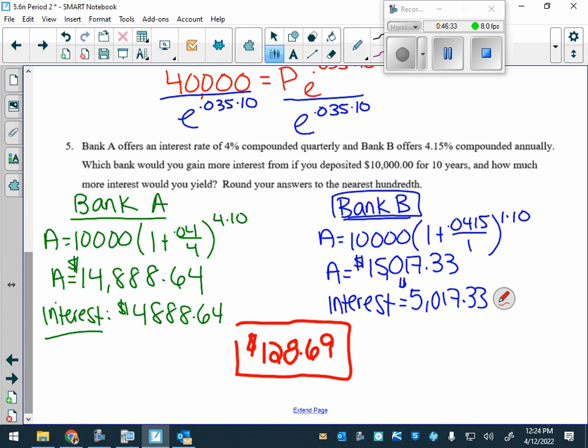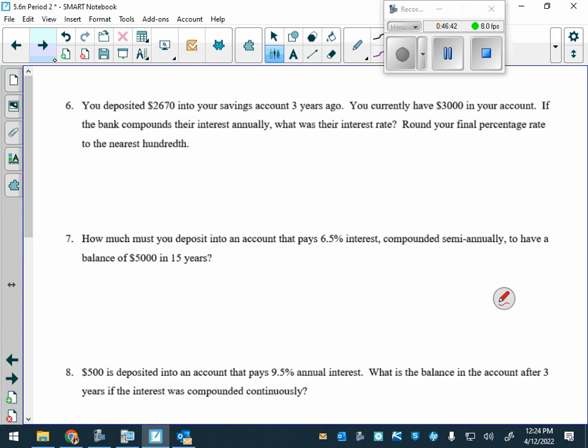Okay. There's one last one we're going to do together before I give you your practice. Number 6. Okay, read it through. Tell me what formula we're using and what are we trying to solve. Andrew, pick a card.